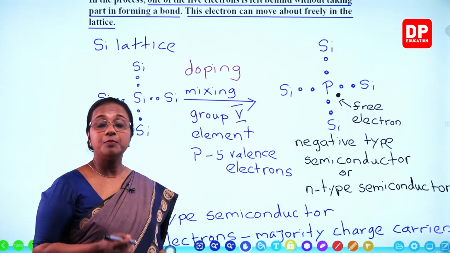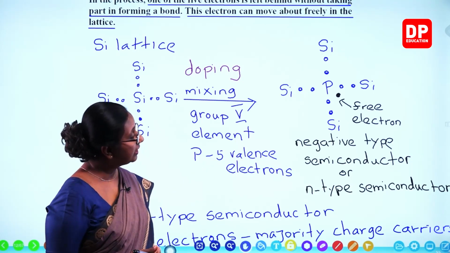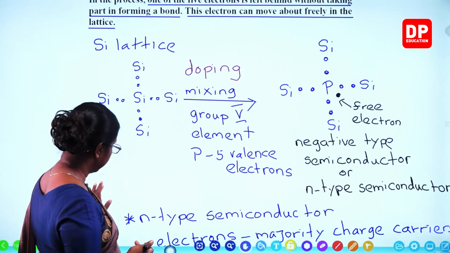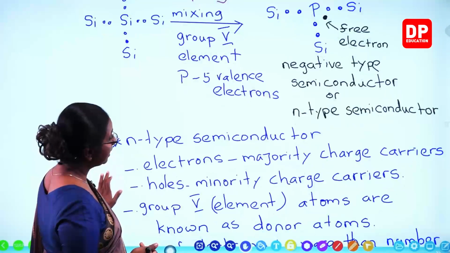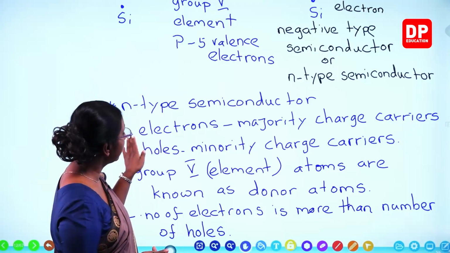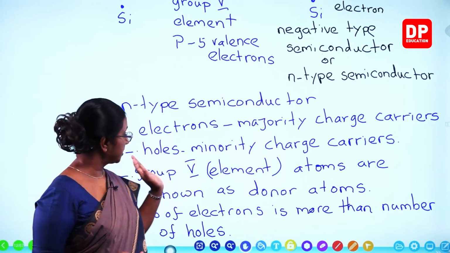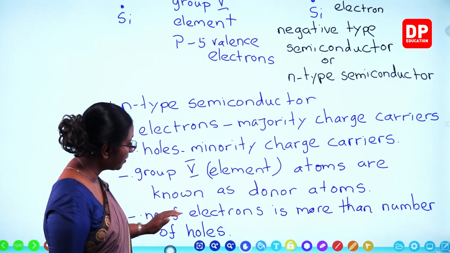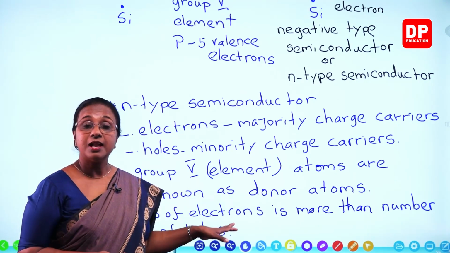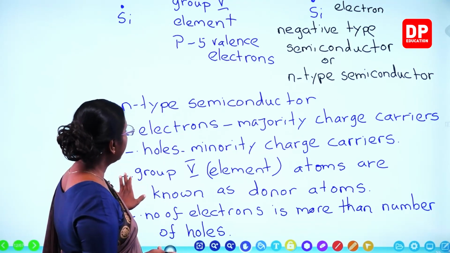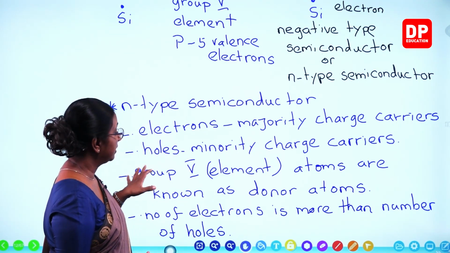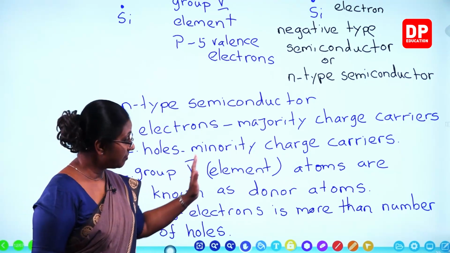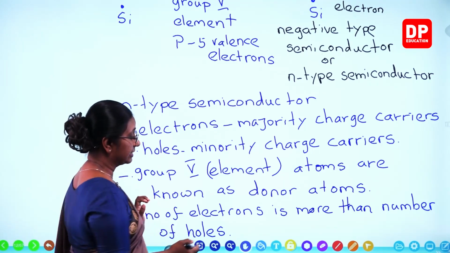So because there are more free electrons, we call it the negative type semiconductor or the N-type semiconductor. So here in an N-type semiconductor, I told you all, electrons are the majority charge carriers, holes are the minority charge carriers. Why? Because number of electrons is more than the number of holes here. And also the group 5 element, they are known as donor atoms. So the same discussion I will continue in the next slide as well.